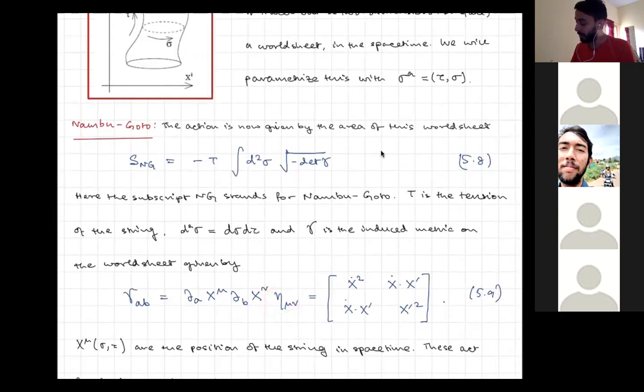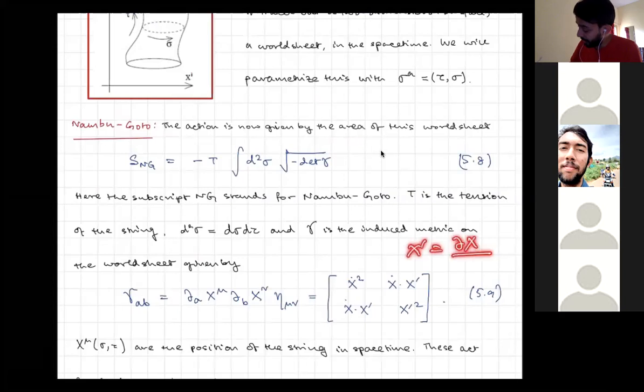And you can write this particular guy in terms of x dot and x prime. Remember, x prime is just del x by del sigma. If this is not clear to you, I recommend that you look at, for example, Zwiebach's book. He does this in a great amount of detail, and it should be extremely easy for you to follow.